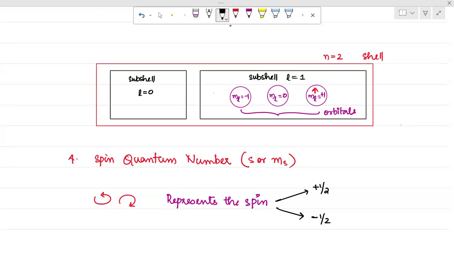Based on all these 4 quantum numbers, I'll take up some previous year questions from various exams. We'll do that in the next session, and then we'll slowly move to the next topic, which is electronic configuration.